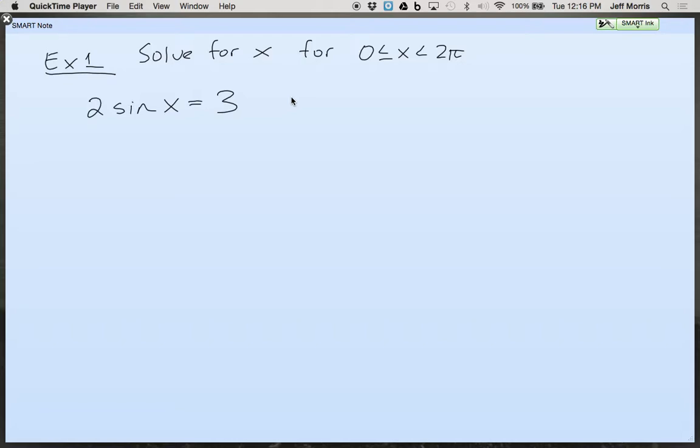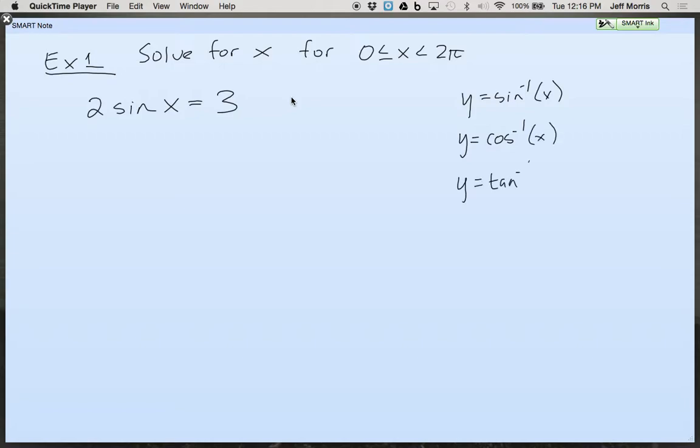Okay, so this one right here, there's a little bit of fluff on it, but let me explain this because I want to review from yesterday. When you do your inverse trig ratios, you had y equals inverse sine x, y equals inverse cosine x, and y equals inverse tangent x.